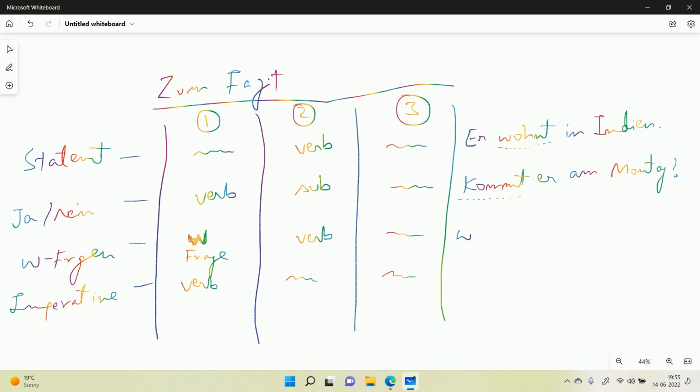Let's say, wer wohnt in Berlin? Right? So the wohnt comes in the second position, that is the verb, and the first, as I mentioned here, is the W-Frage. And for the imperative, let's say, hören Sie die Musik. So here, hören is the verb which comes at the first position.